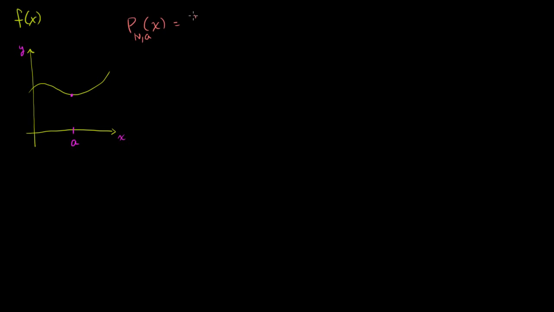It is going to be f of a plus f prime of a times x minus a plus f prime prime of a times x minus a squared over, either you could write 2 or 2 factorial. They're the same value. I'll write 2 factorial. You could write a divided by 1 factorial over here if you like.